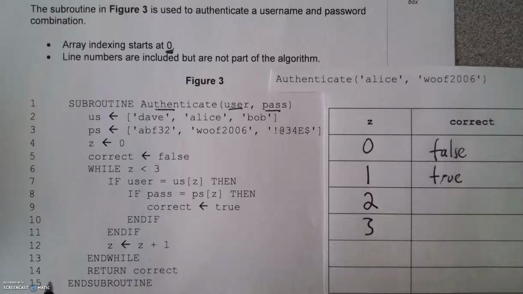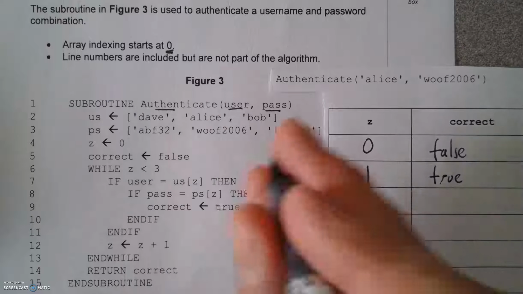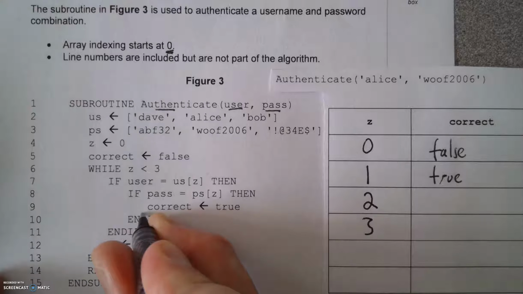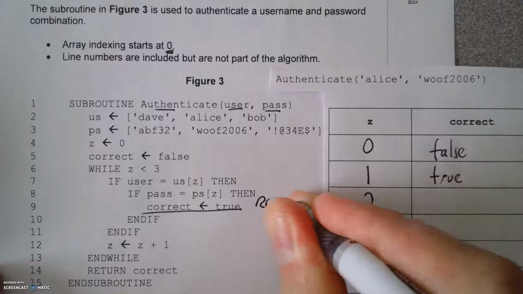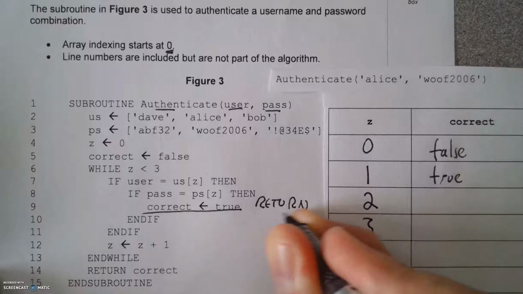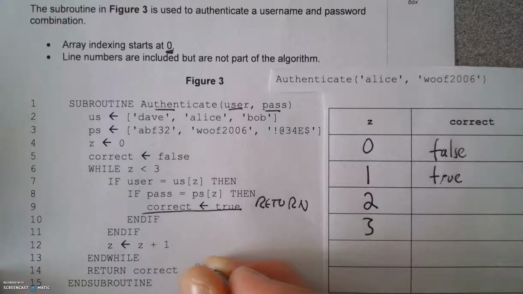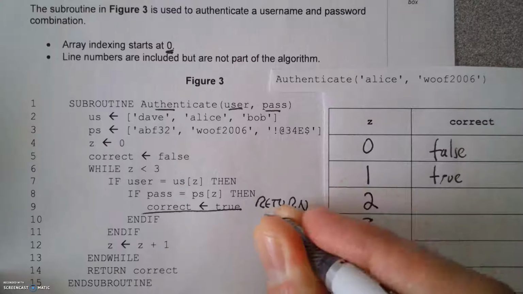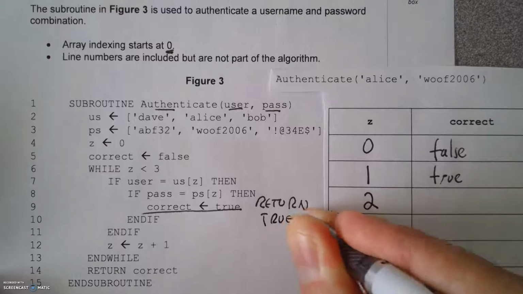He also replaces line 14 with return false. Explain how the programmer made the subroutine more efficient. So he's replaced this line with a return there. That's the main thing I'm looking at. I'm not worried about return false there. I'm looking at that return true. I'll write that under there. It should be 1 line.